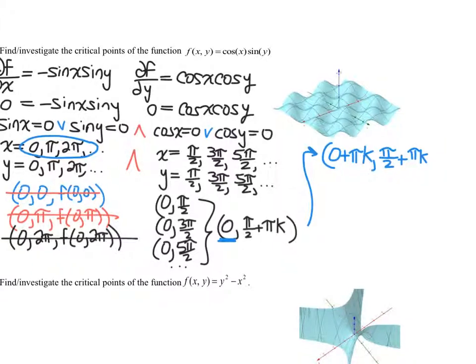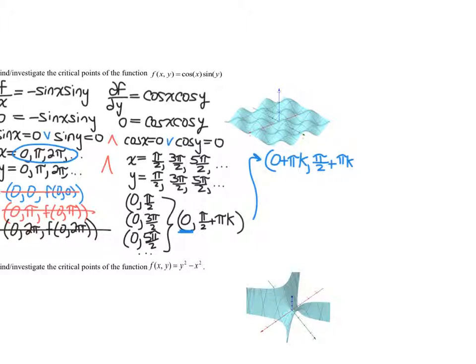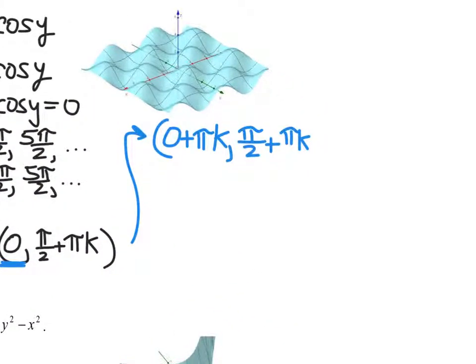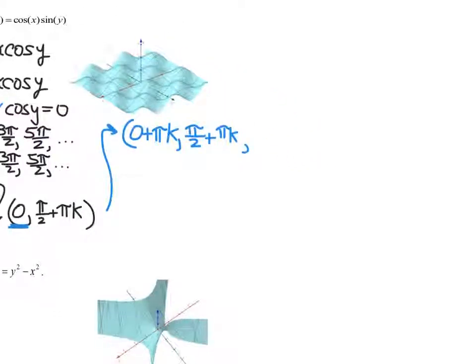And then the z's associated with all of those. So I'd have to write, this is ugly, f of 0 plus pi k, comma, pi over 2 plus pi k.